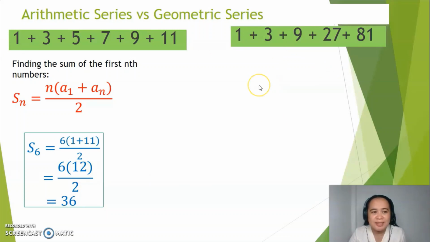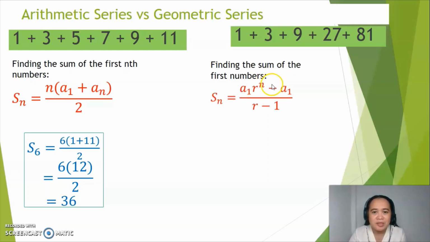Now for geometric series, find the sum of the first n numbers. So that would be a1, or first term, times the ratio to the power of n minus the first term, divided by common ratio minus 1. For example, find the sum of the first 5 terms.